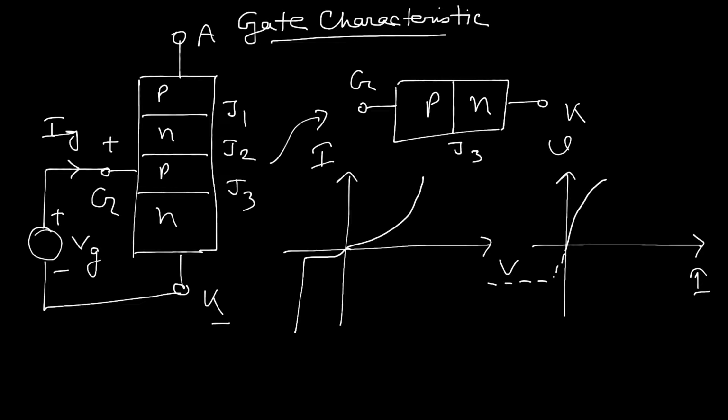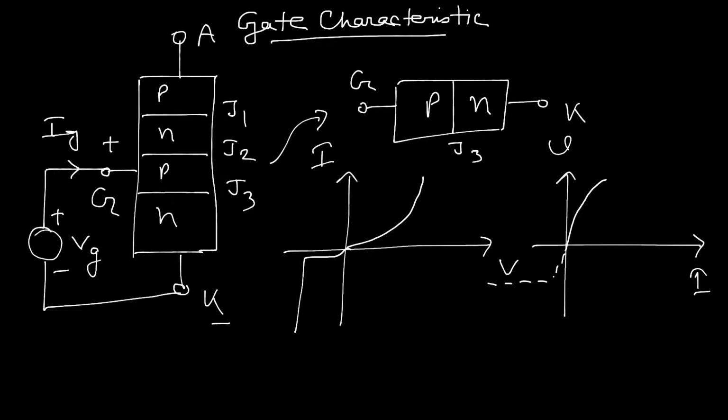So, through this slide, we can assure you that an SCR can be triggered and turned on when a positive gate voltage Vg is applied between gate and cathode, or a positive gate current Ig starts flowing from gate to cathode. The values of Vg and Ig are not restricted to a specific value.